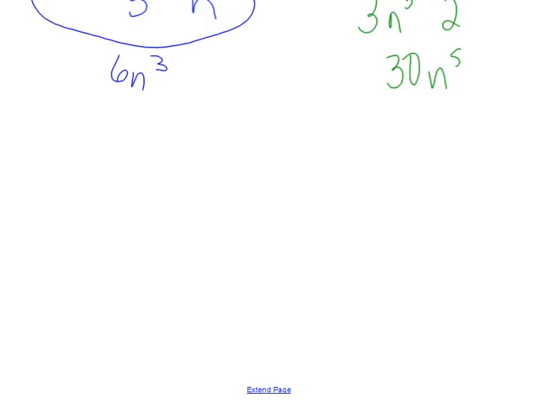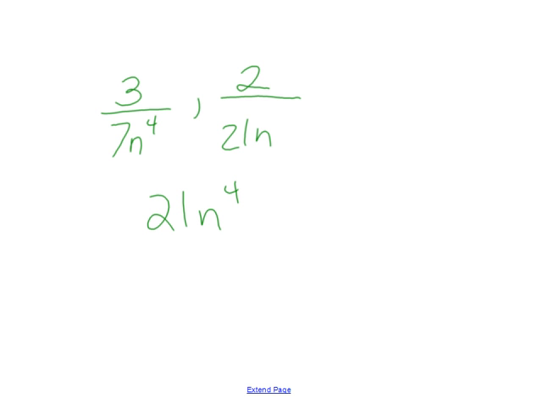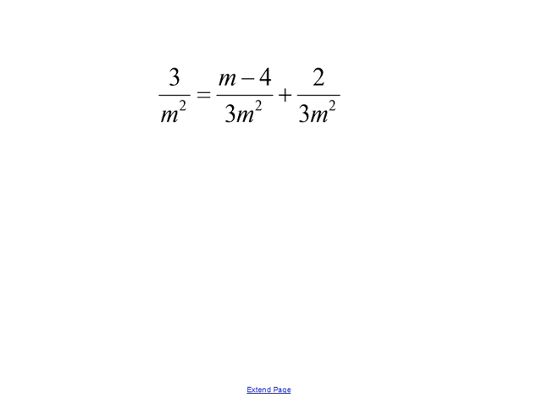So if you had the fractions 3 over 7n to the fourth and 2 over 21n, what would your common denominator be? 21n to the fourth. Does that mean you can't use the cake method? No, you can still use the cake method, but with monomials, this method's going to speed things up a little bit.